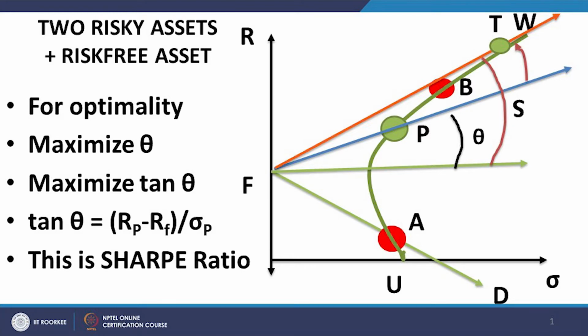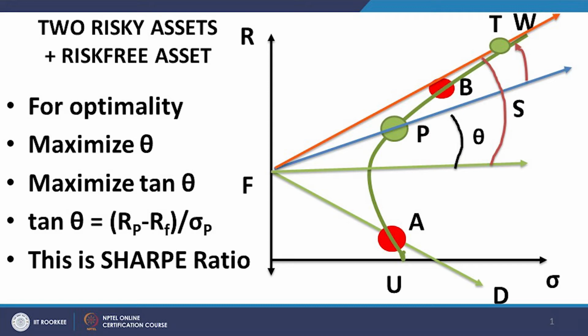Tan theta is a monotonic function of theta in the first quadrant. So, maximizing theta tantamounts to maximizing tan theta, and what is tan theta in this case? Tan theta would be nothing but r p minus r f divided by sigma p. So, if you are trying to maximize theta, you can do it with maximization of tan theta, because tan theta is a monotonic function of theta in the first quadrant, and if theta increases, tan theta increases, theta decreases, tan theta decreases.